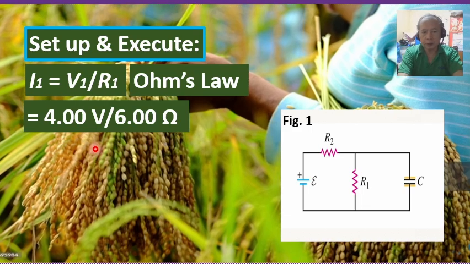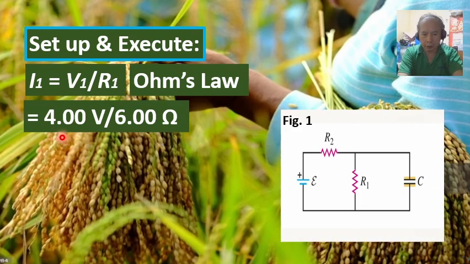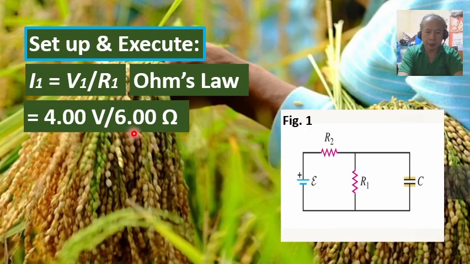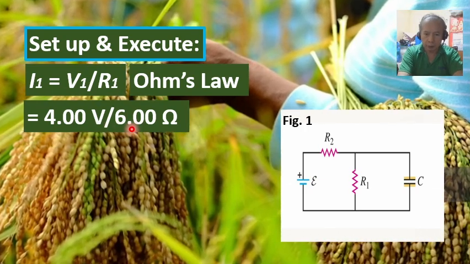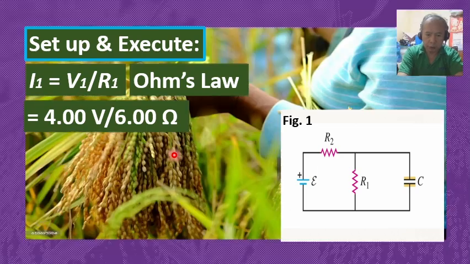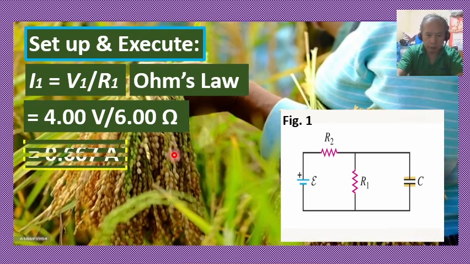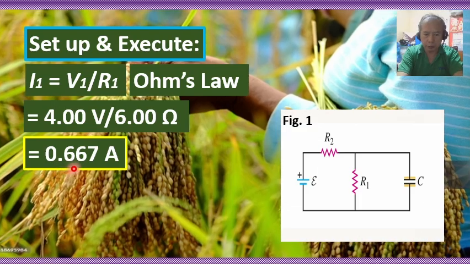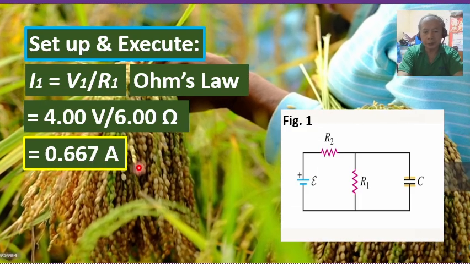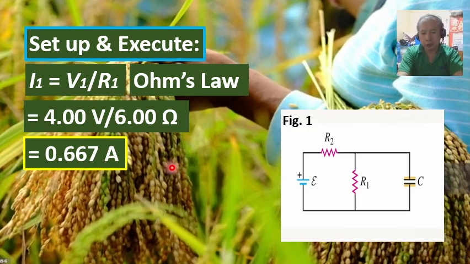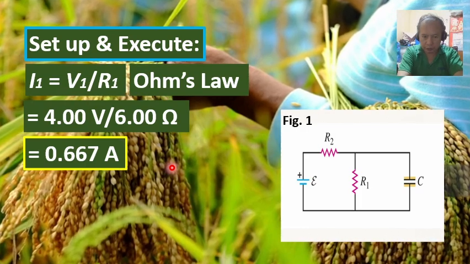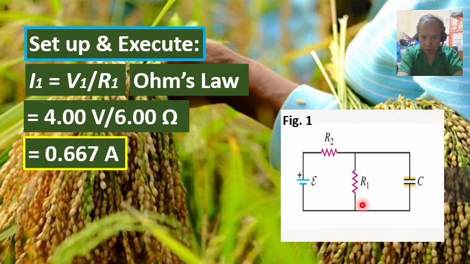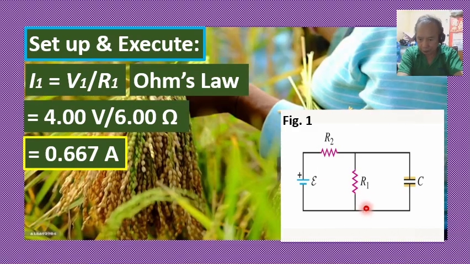So substituting, I sub 1 equals 4.00 volts divided by R1, which is 6.00 ohms. So we get the current I sub 1 equal to 0.667 amperes, also rounded to three significant figures. So this is the current through the resistor R1.